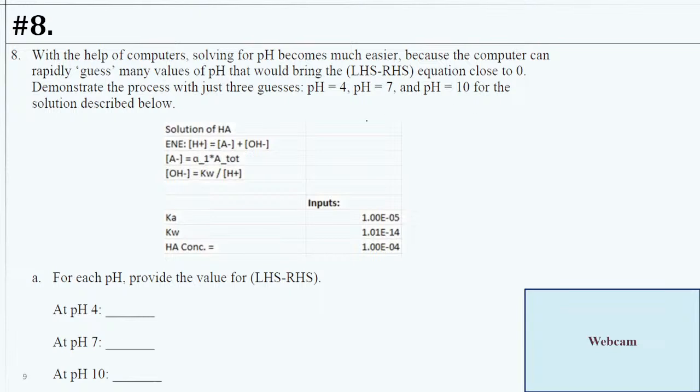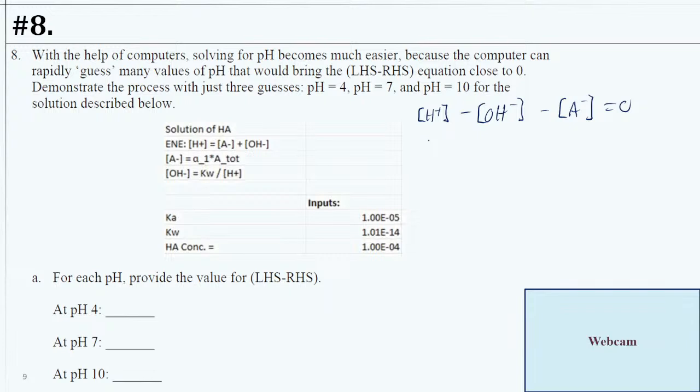Okay, so the deal here is we want to do the left-hand side minus the right-hand side equals 0, that sort of setup, and it's kind of written here almost already for you. So from the electroneutrality equation, we'll have an equation that looks like this: H plus minus OH minus minus A minus equals 0.